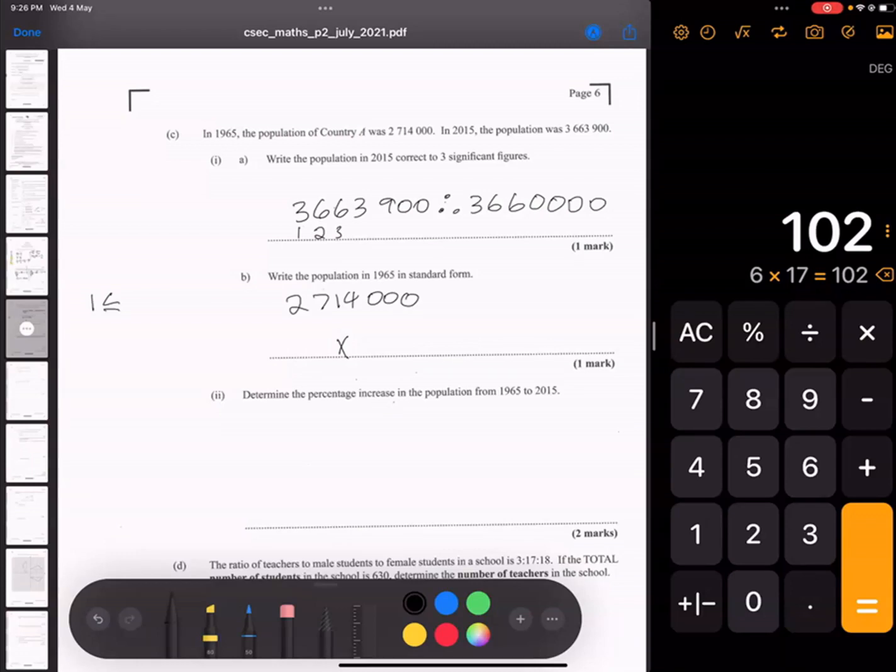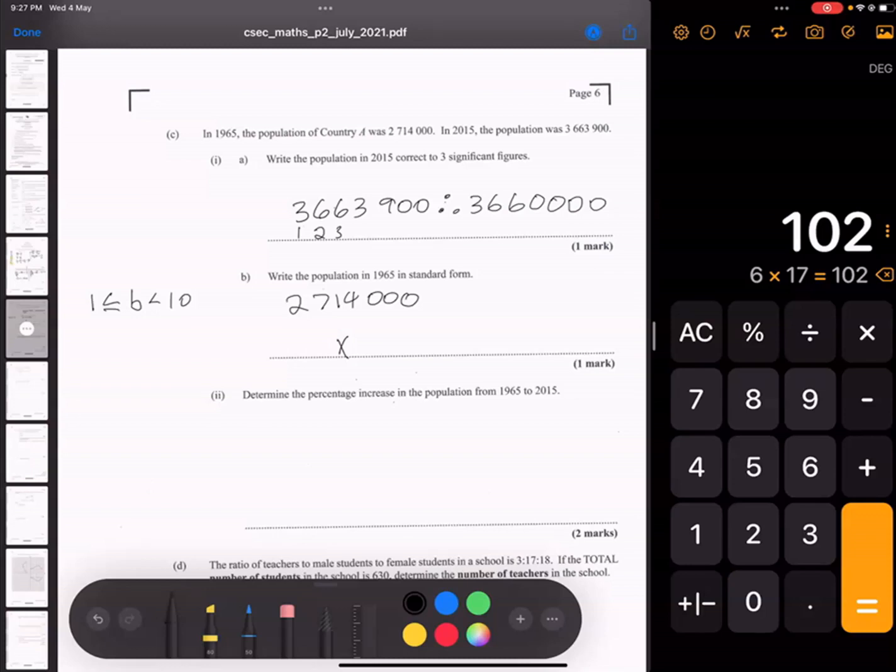So let's call this decimal the letter B. So this is the parameters that we are going to be using to write our new decimal. So it has to be equal to or more than 1, but less than 10.